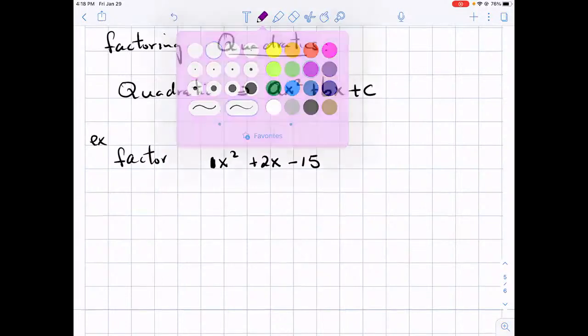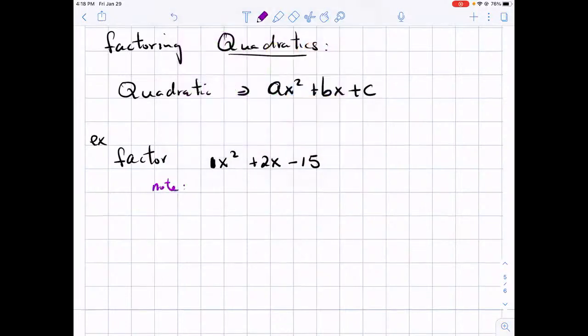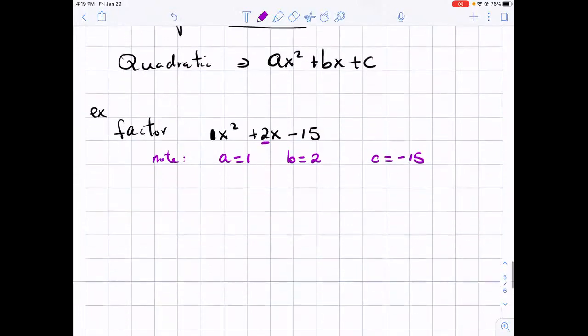So note, a is equal to 1, b is equal to 2, that's your b, and c is equal to minus 15. Now you should always observe what is a, b, and c, because later on when we solve this, we'll have something called the quadratic formula. You have to know what is a, b, and c. So we will use factor by grouping.